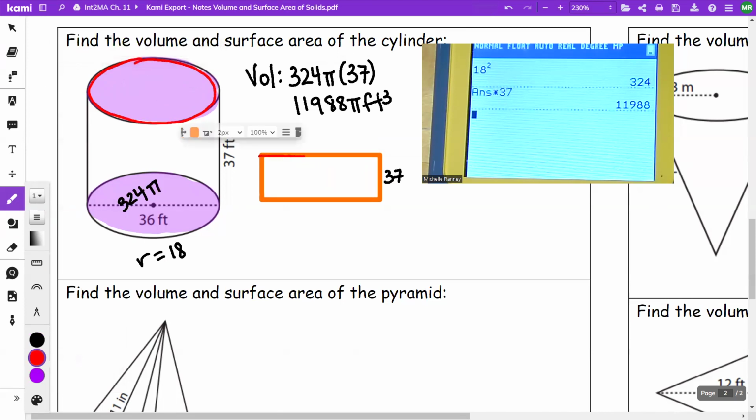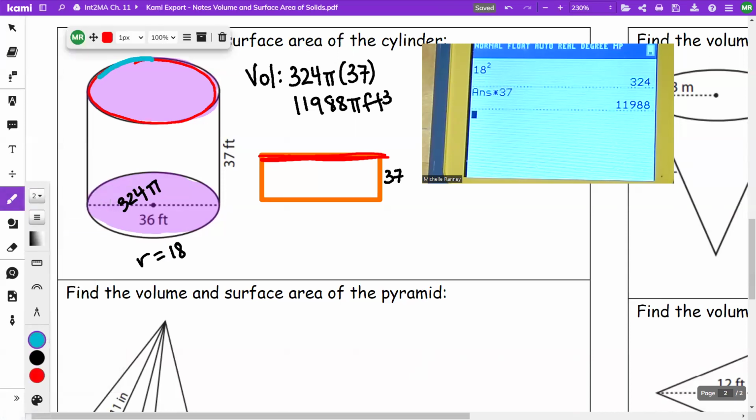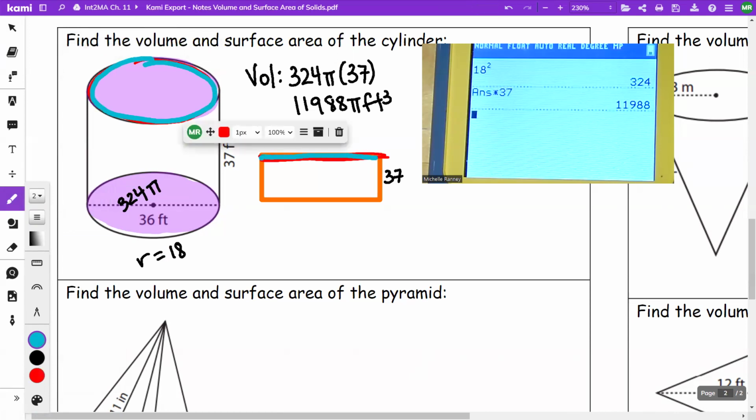That ends up being the length of that. So this circumference becomes that length. So the circumference of that circle with a diameter of 36 is 36 pi.